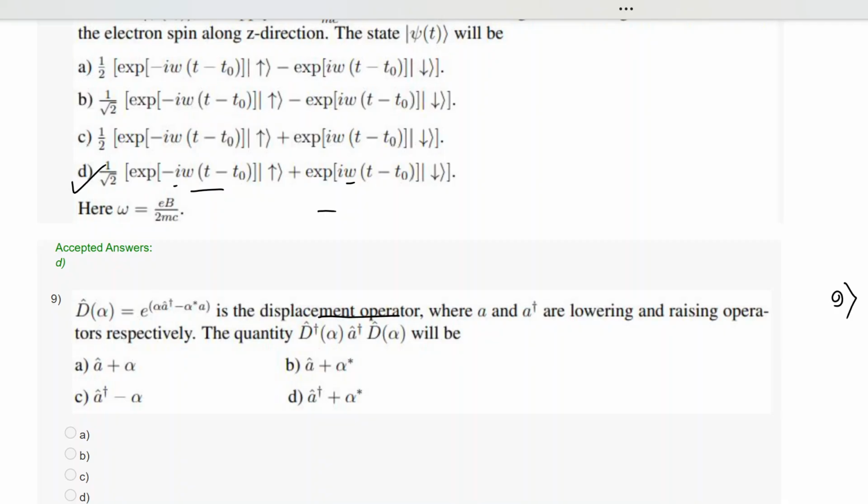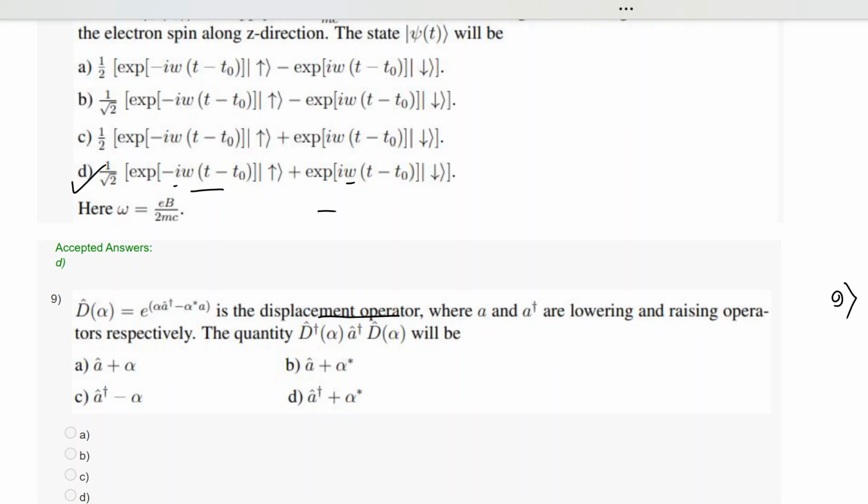The result for displacement operator is that there is this direct formula that D cap alpha a D cap alpha is equal to, so this is equal to a plus alpha.